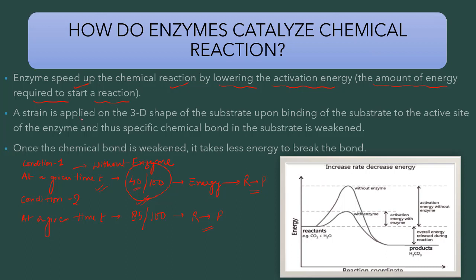So a strain is applied on the three-dimensional shape of the substrate upon binding of the substrate to the active site of an enzyme. The moment enzyme reacts with the substrate, the enzyme holds the substrate in its active site. There is a change in the conformation of the active site of the enzyme, or we can say there is a strain effect produced after the enzyme substrate complex is formed.